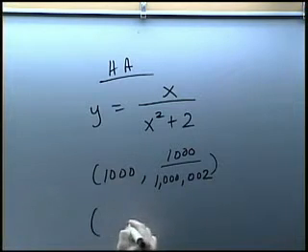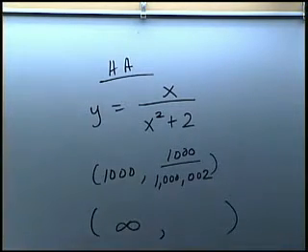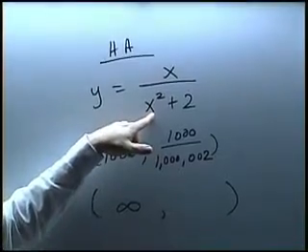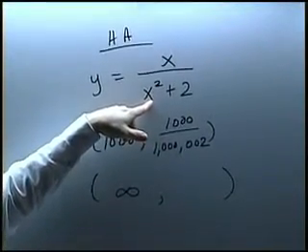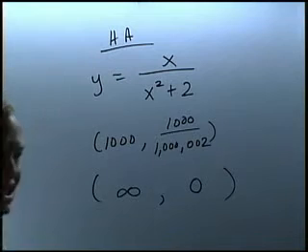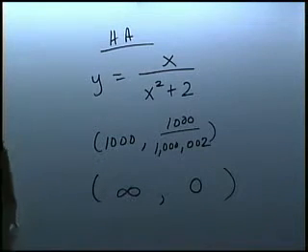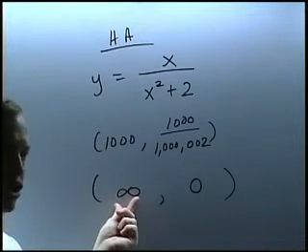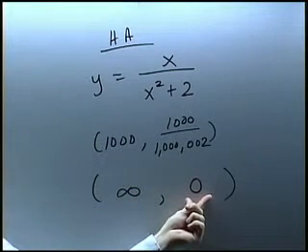Are there any guesses on what might happen if we keep putting in larger and larger numbers for x? It's going to get closer and closer to 0 this time, correct? Because my numbers are just going to get smaller and smaller, and as x gets larger and larger, this is just going to go towards 0.